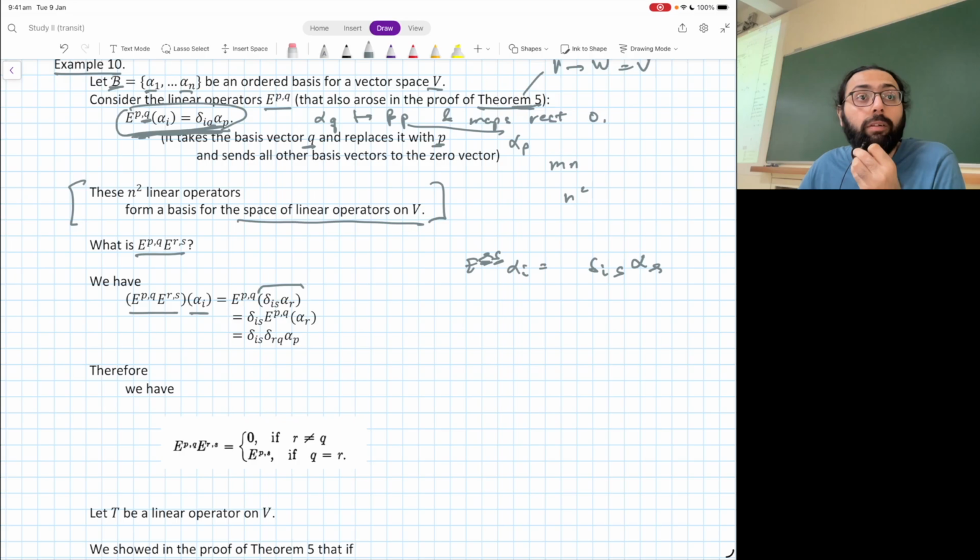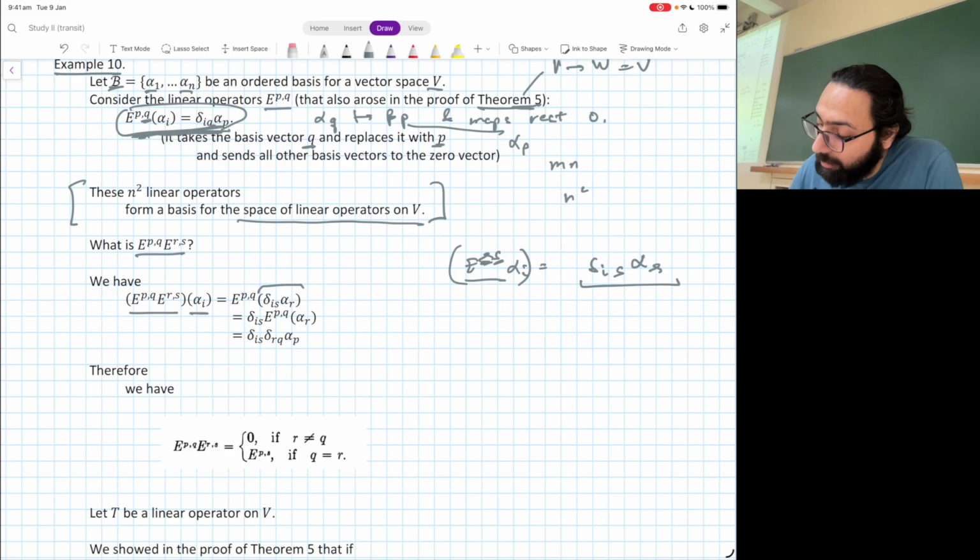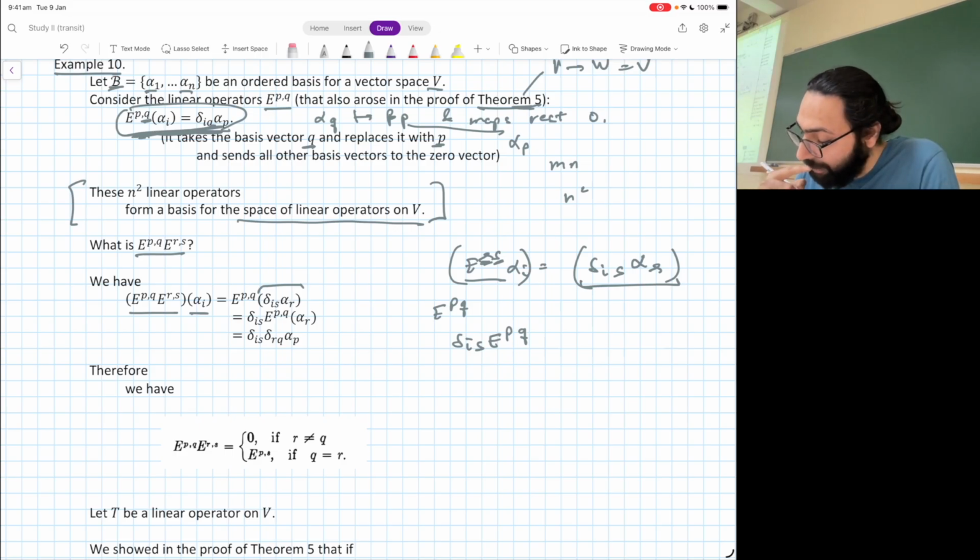Okay, so we have this step, and we multiply on the left by EPQ. We haven't actually applied the definition yet, so we're just moving things around.